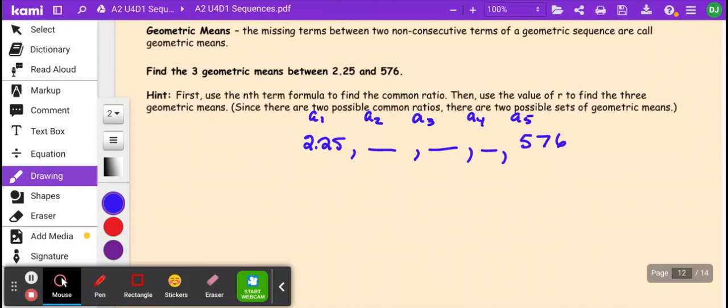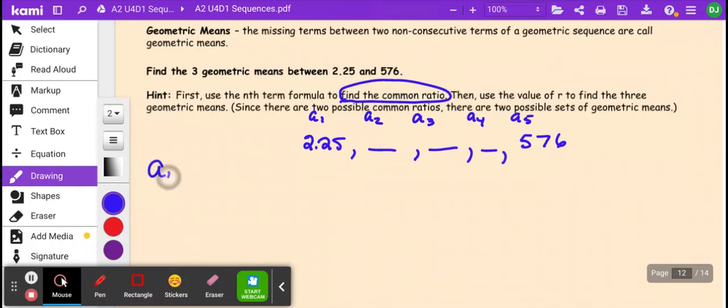Because think about it, if I had the common ratio, right, I could multiply 2 1/4 by that, and then the next term by that, right? So it's all about finding, right, the common ratio for this problem, okay? But I do have everything else that I need if you want to use the formula.